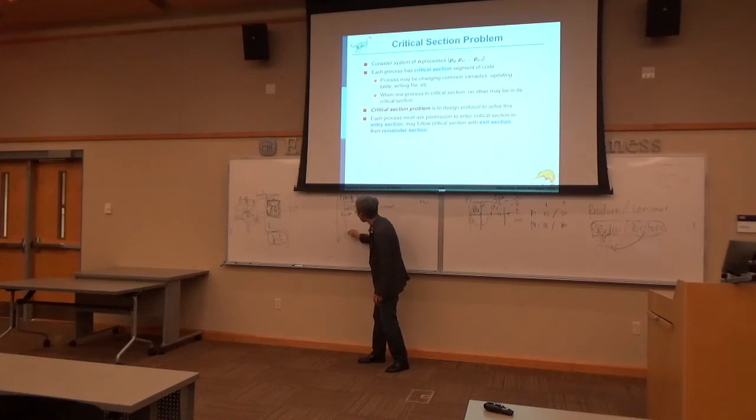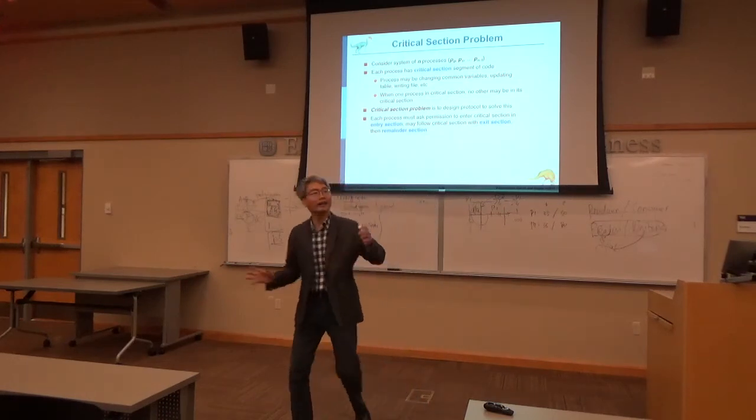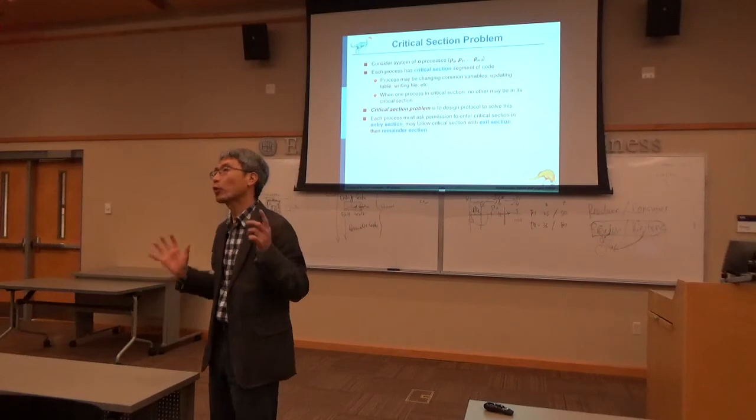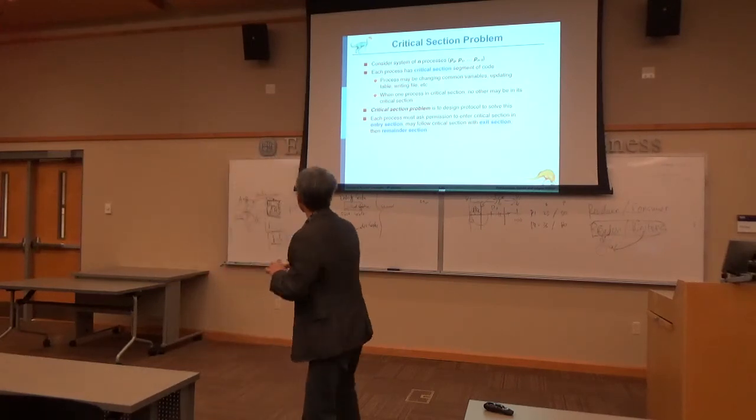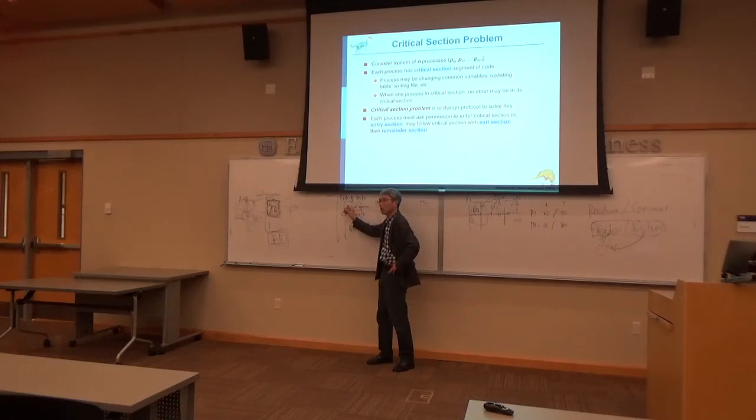And the others are the remainder section. So the operating system divides any instruction code of the process into 4 parts. One is the entry section, the second the critical section and exit section, and the others are the remainder section.